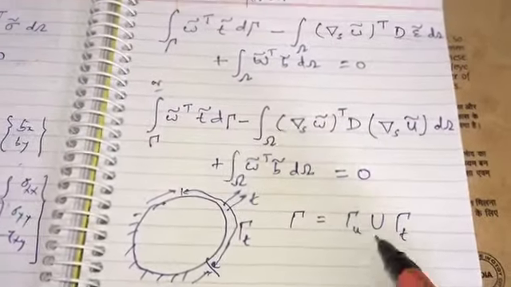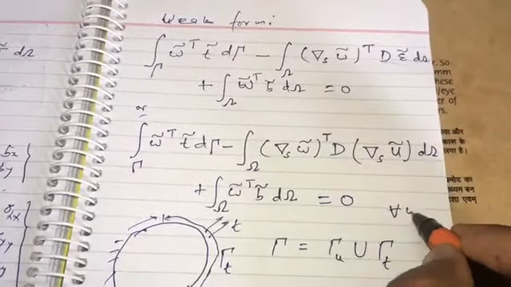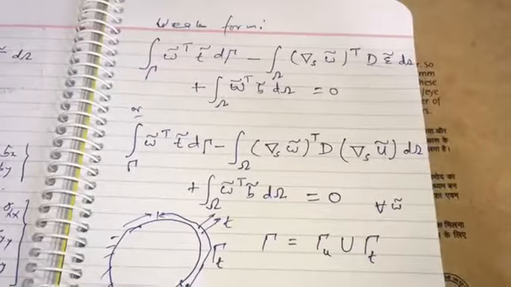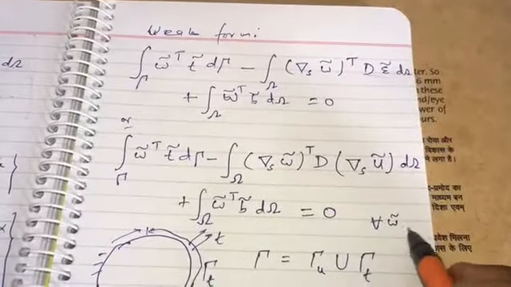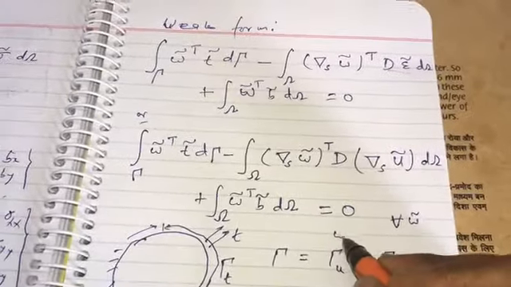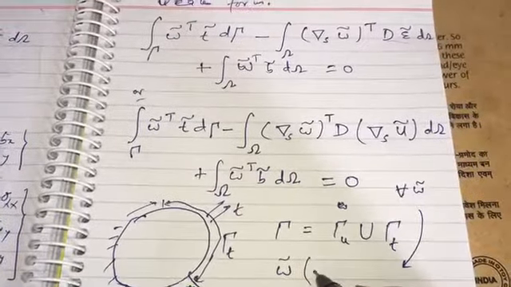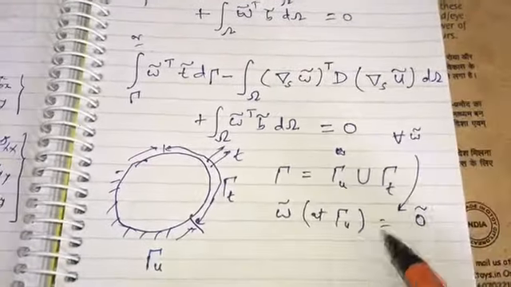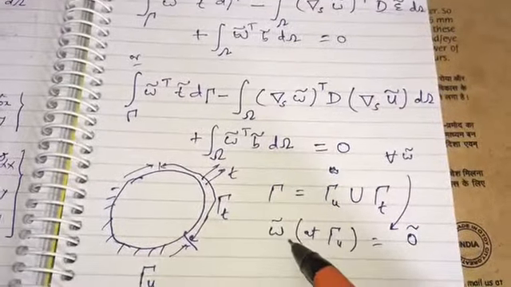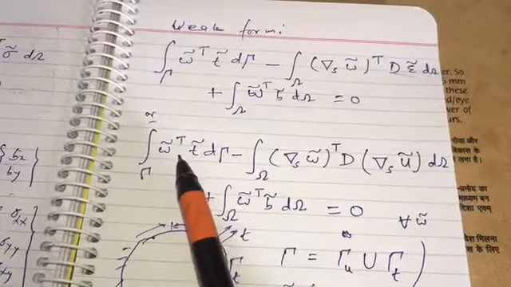Okay, so we know that this is valid for all w, not except, but for all w with some property. And what property? We have w such that w at gamma u is equal to 0 vector. At gamma u, w is equal to 0, hence this term will vanish at gamma u.